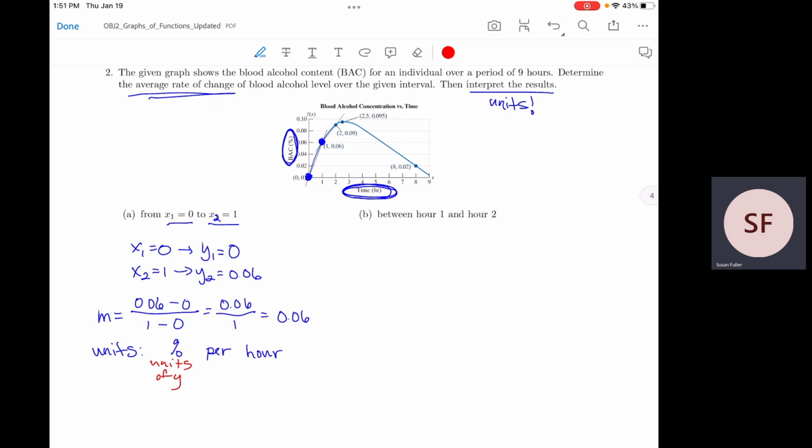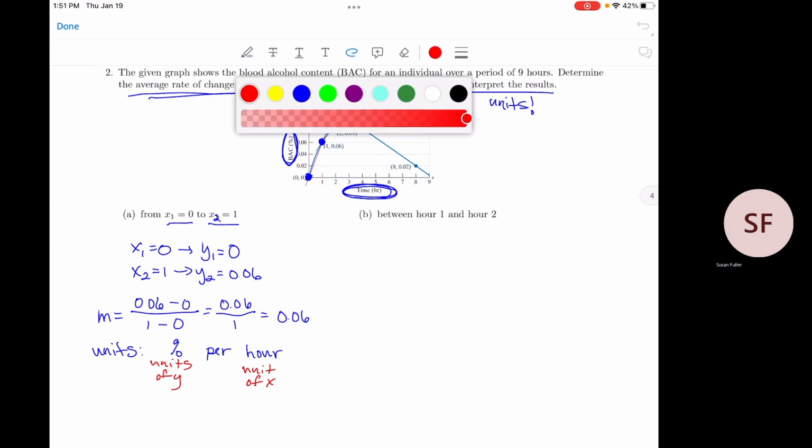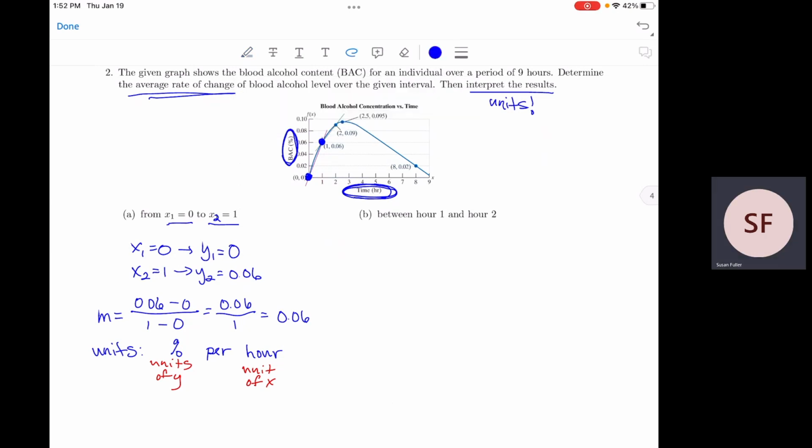And I'm just going to label this for you as unit of x. So again, to find our units here, it's going to be the units of y per unit of x. Here it's percentage per hour.